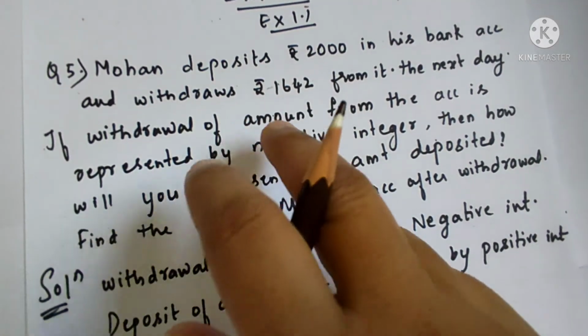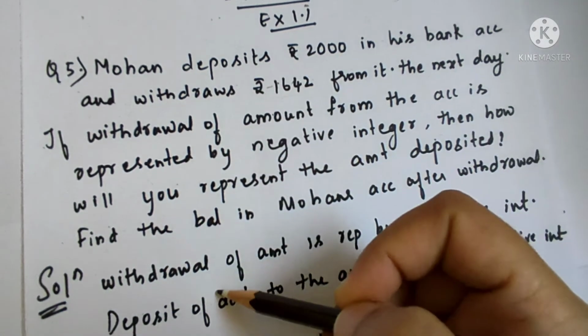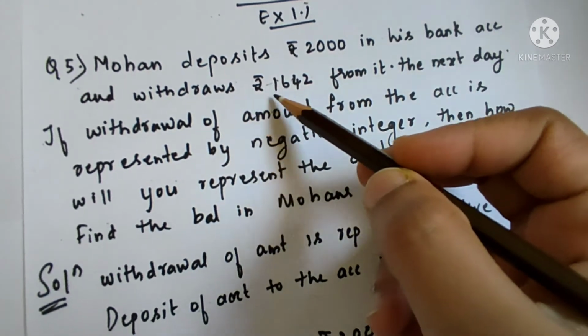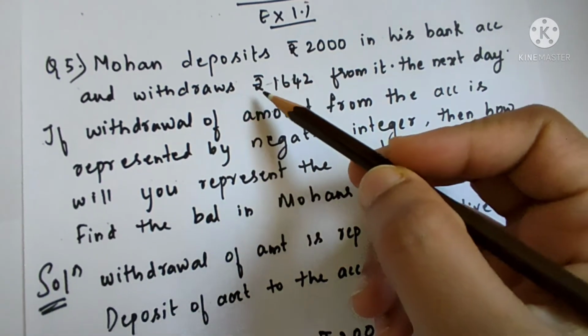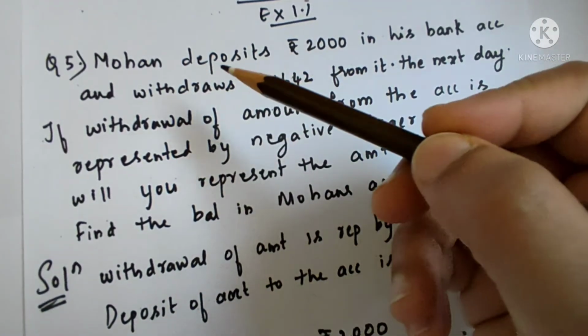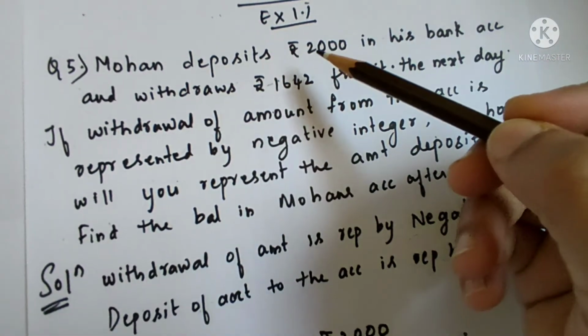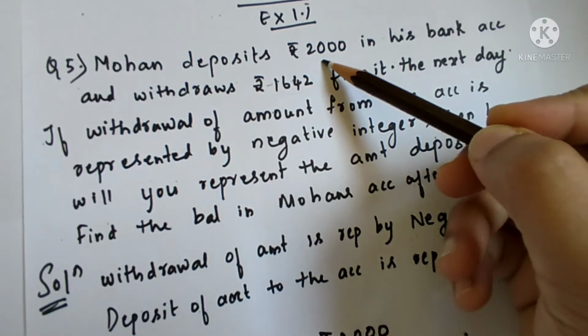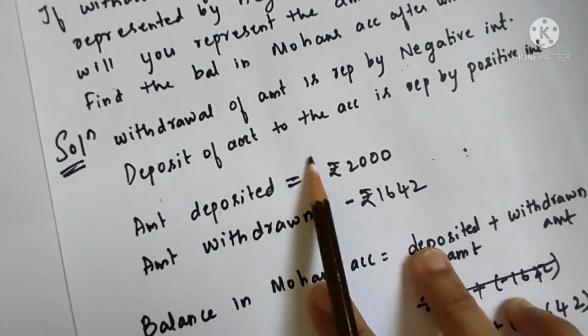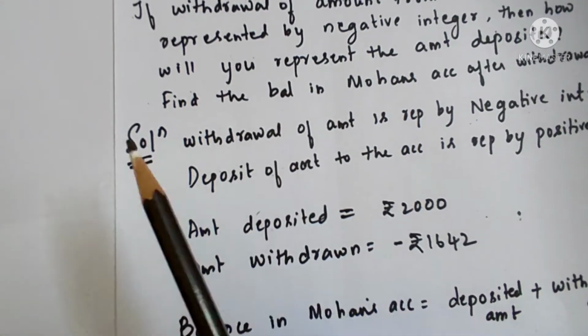See, withdrawal is amount coming out from the bank. So if the removal is represented with a negative integer, then the amount which is getting into it, which is being deposited, will be represented by a positive integer. It can't be a negative integer. So our first part is answered.